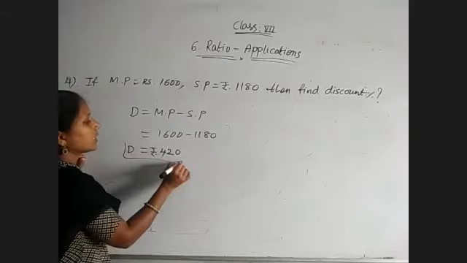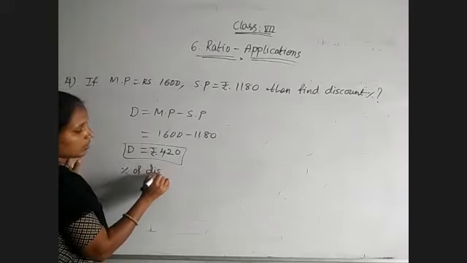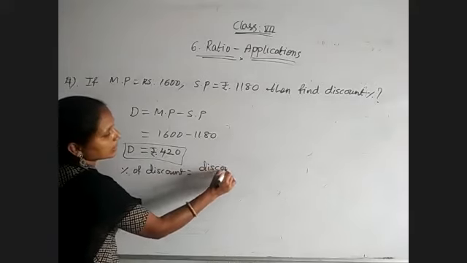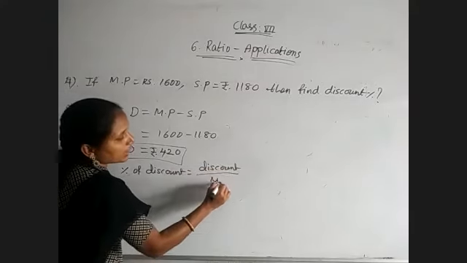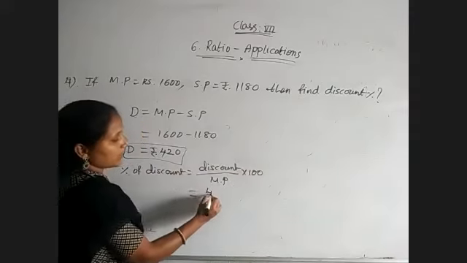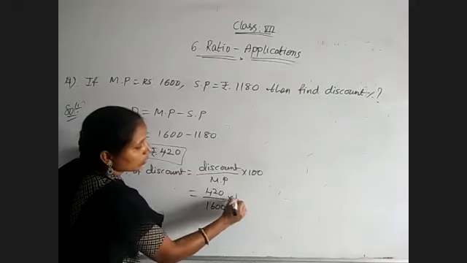Discount is 420 rupees. Then percentage of discount is equal to discount by MP into 100. So discount is 420 rupees and MP is 1600 rupees, into 100.